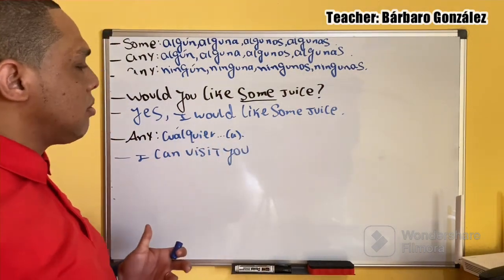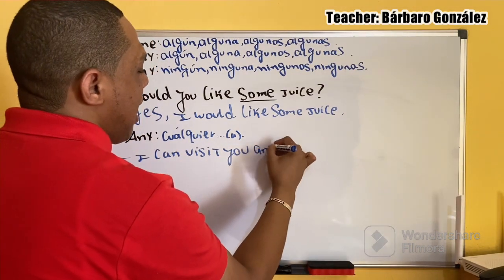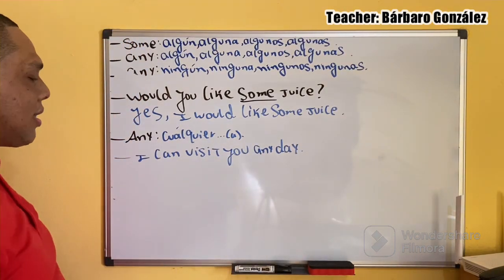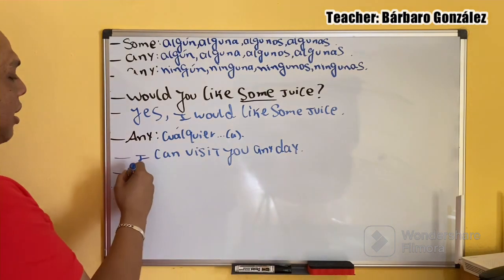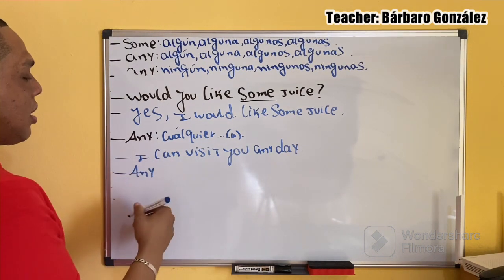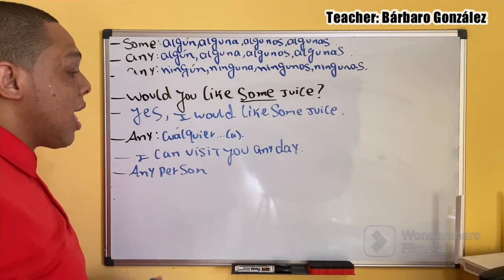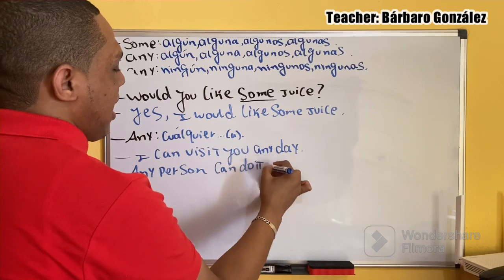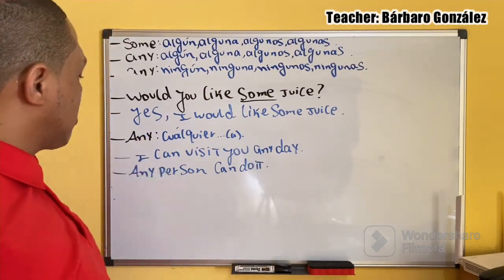I can visit you any day. Puedo visitarte cualquier día. Or I can also start by using any. For example, any person, cualquier persona. Any person can do it. Cualquier persona puede hacerlo. So any means cualquier too.